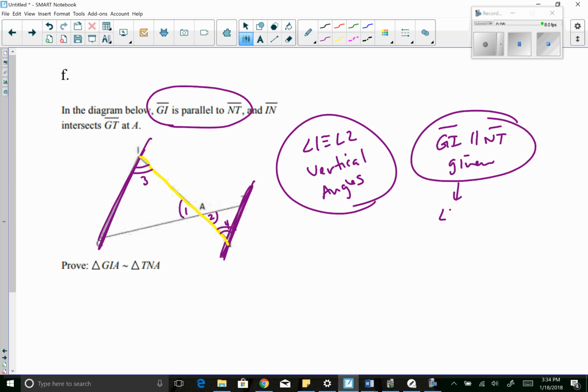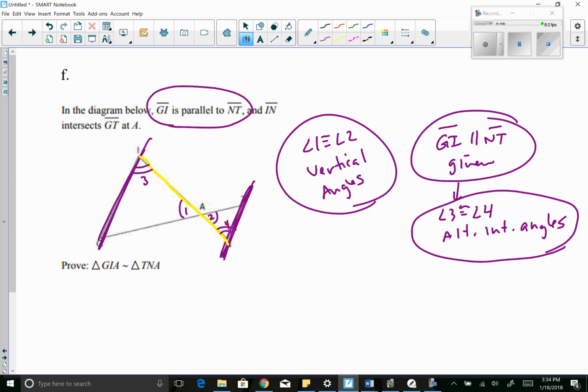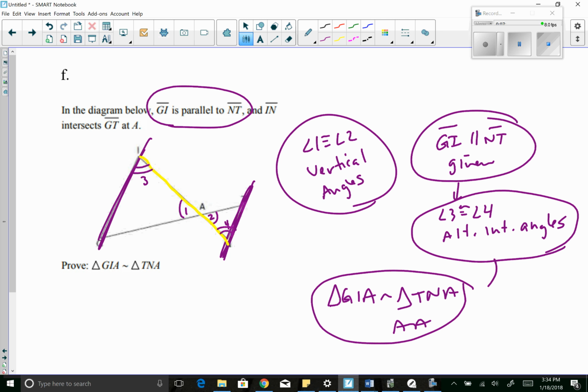Angle 3 is congruent to angle 4 because of alternate interior angles. So there's my third bubble. And then I can say triangle GIA is similar to triangle TINA by angle-angle. Remember, in our proofs, I'm only ever going to use angle-angle. I'll never use anything else other than that.